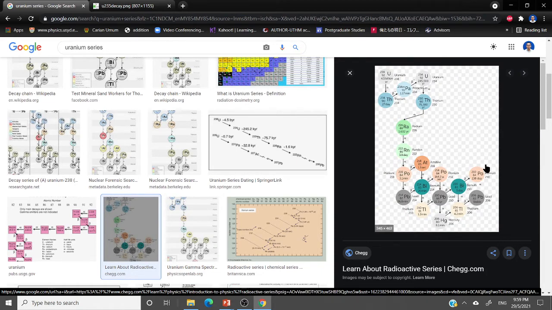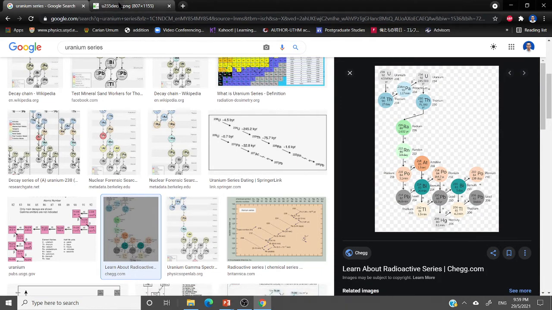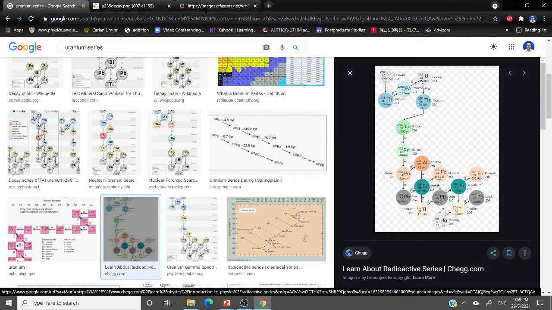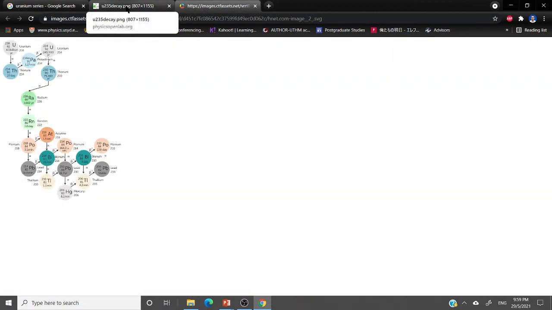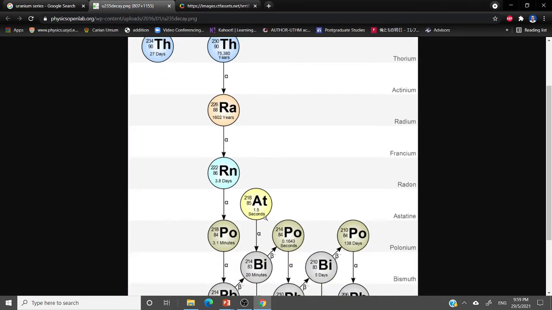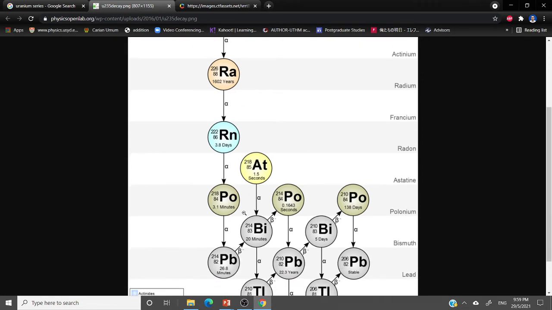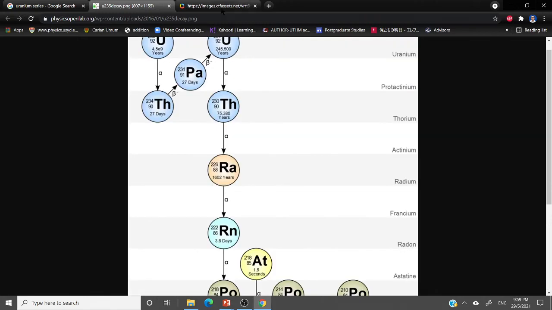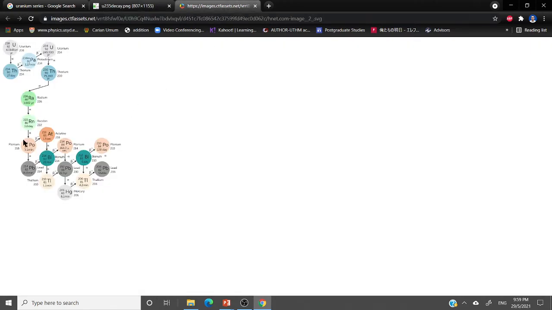In this one, astatine is actually from polonium, so there's a missing arrow in this diagram.